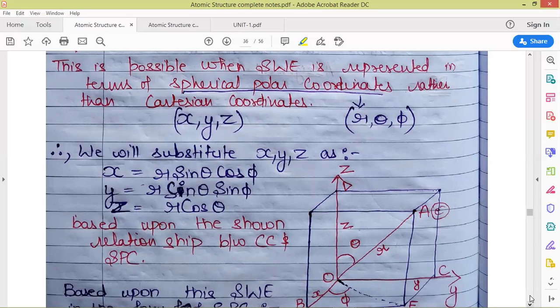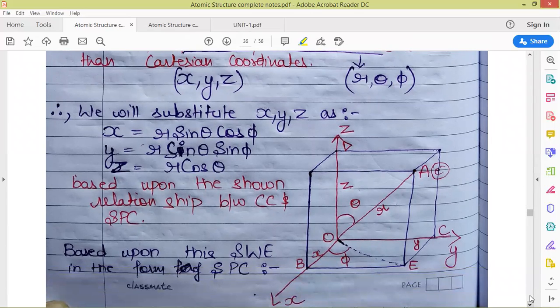The details of this part you will do in your physical chemistry in BSc third year, and also in your physics, I guess in first year. From there you will get a better idea of this.